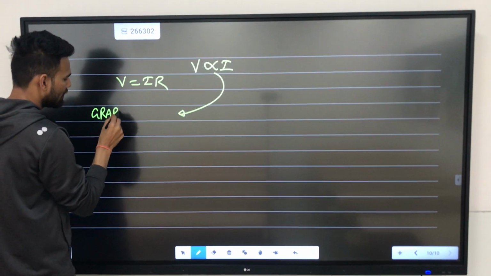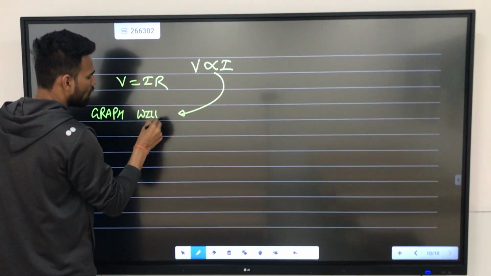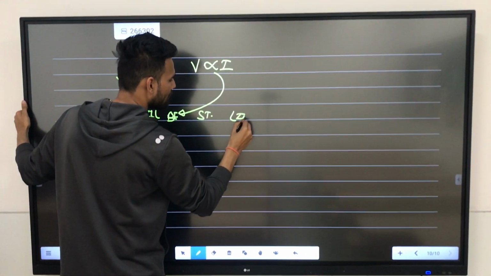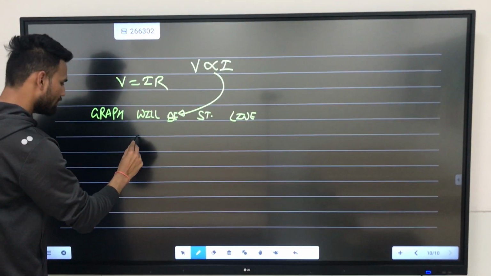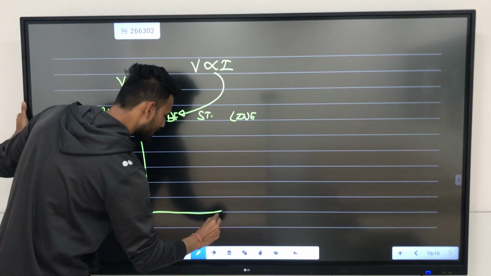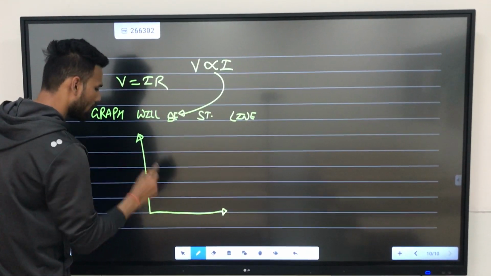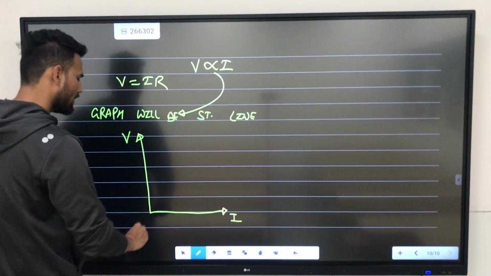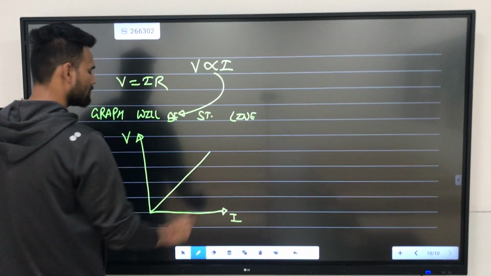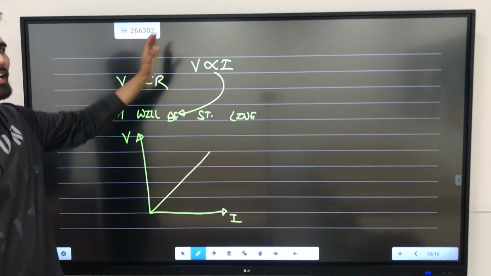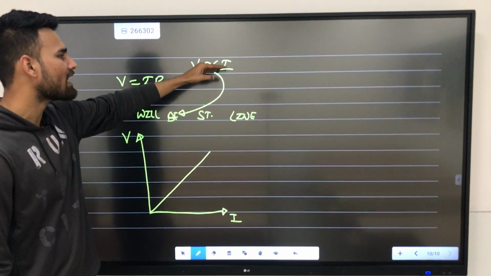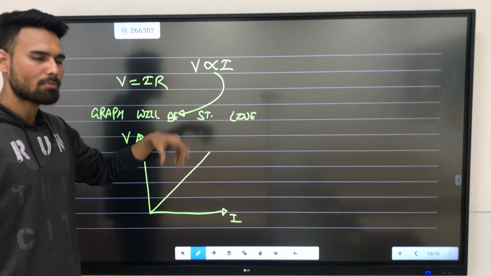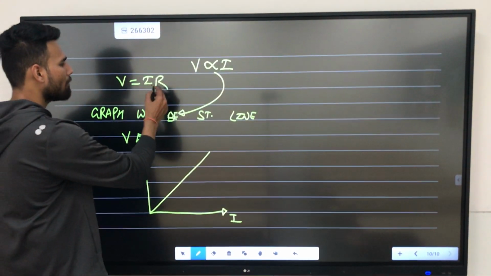Suppose V is mentioned over here, I is mentioned over here. So yes, its graph will go like this because it is a linear graph. If I increase current by a factor of 2, potential difference will also increase by a factor of 2 because it is directly proportional.